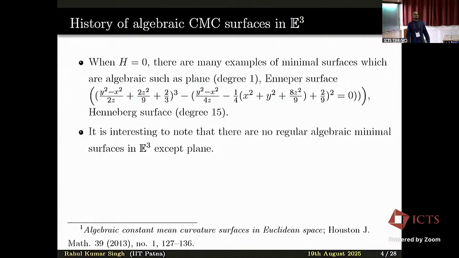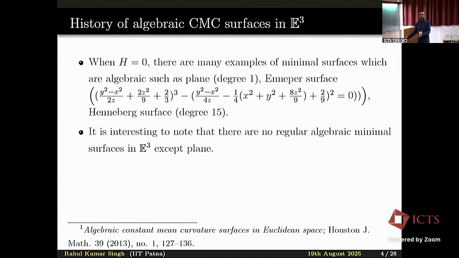If you're just searching for minimal surfaces which are also regular algebraic in the sense which we mentioned, then the plane is the only example. And the other two examples which I have shown you here are not regular, although they are algebraic. In fact, there is a theorem that you cannot have a minimal surface whose degree is less than 5.